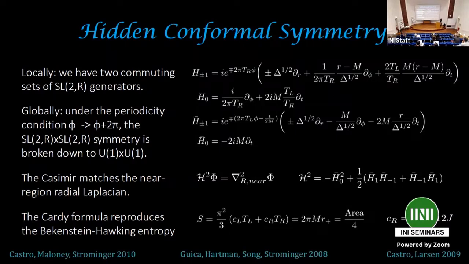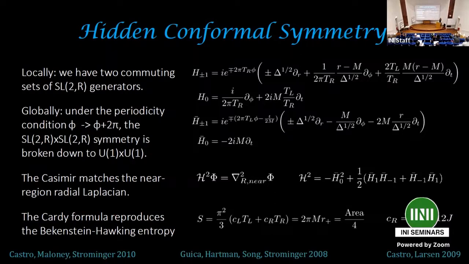From our AdS intuition, they're guaranteed to have the right commutation relations. But globally, you can see that under the condition phi goes to phi plus 2 pi, these guys are not invariant. So globally, this symmetry is broken down to U(1) cross U(1). The U(1)s are the H naught and H naught bar.